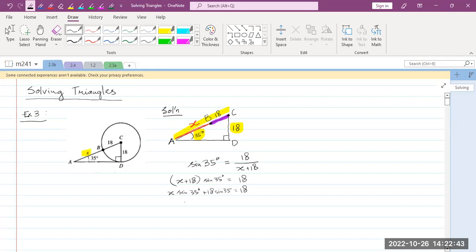Then I subtract 18 sine 35 degrees from both sides. Don't forget the degree signs. So 18 minus 18 sine 35 degrees. And then we divide both sides by sine 35 degrees.